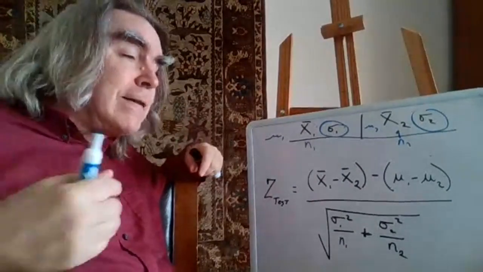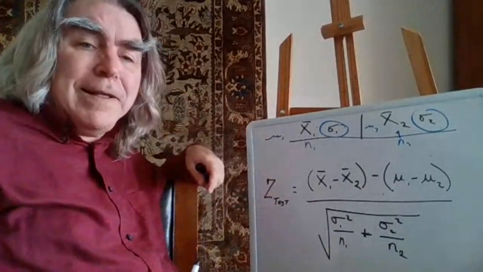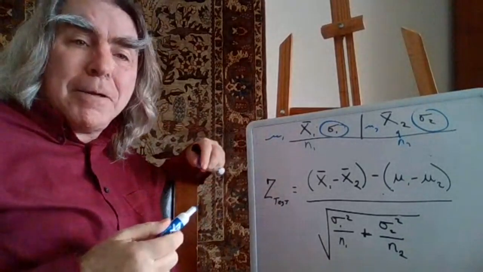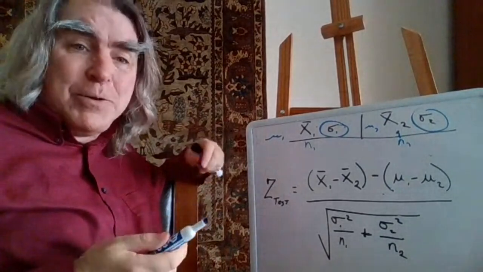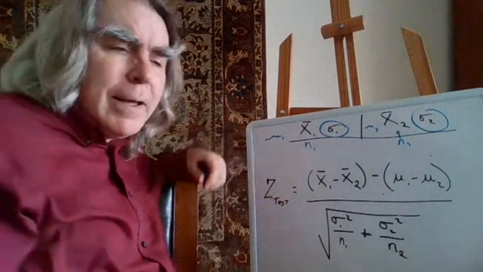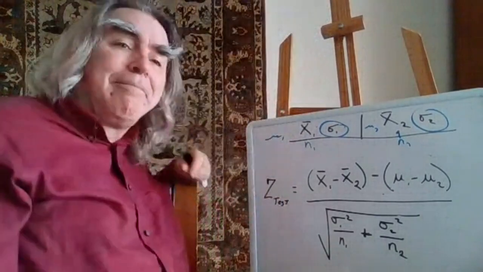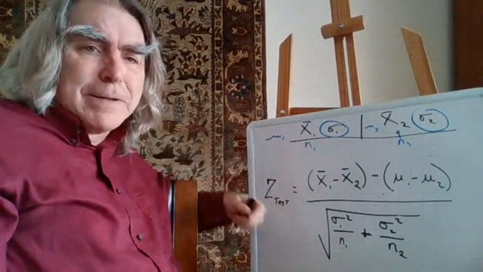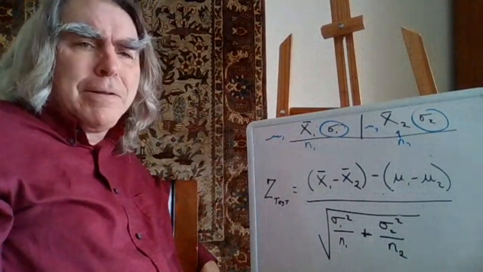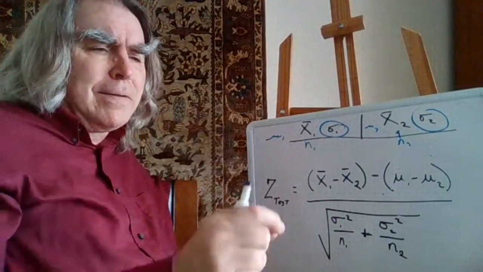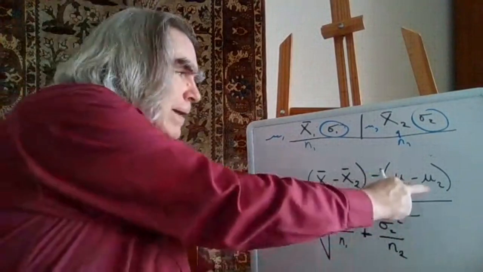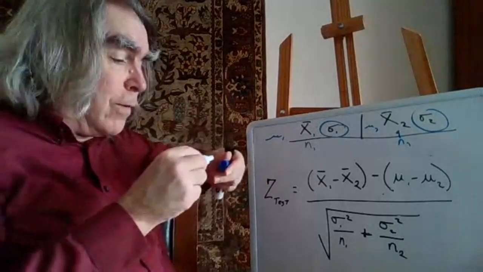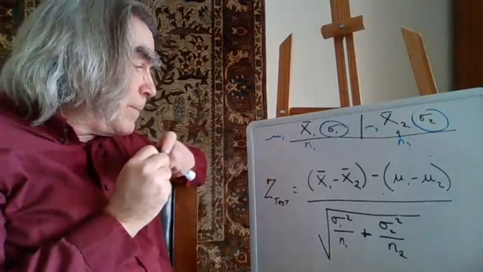You go take your stats book, you dust it off, blow the dust off of it, and say, oh, okay, where was that formula for dealing with hypothesis tests between two means? It's 10.2 in the book. So this is my version of 10.2. So if I were writing on your book, where it says minus 0, I would do minus this, right? It makes that formula work for many more cases than you would expect.